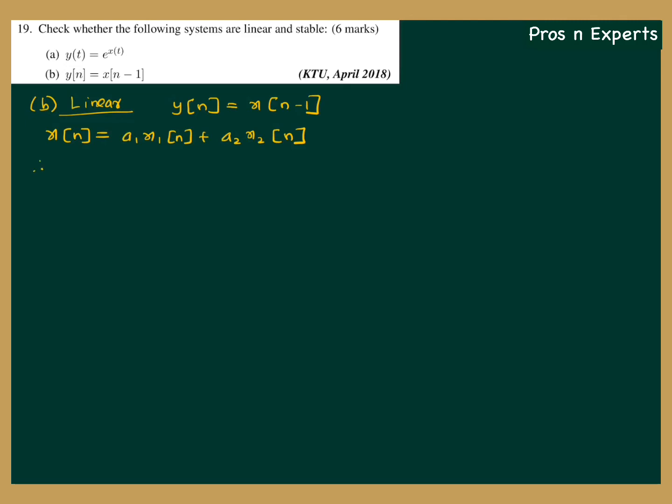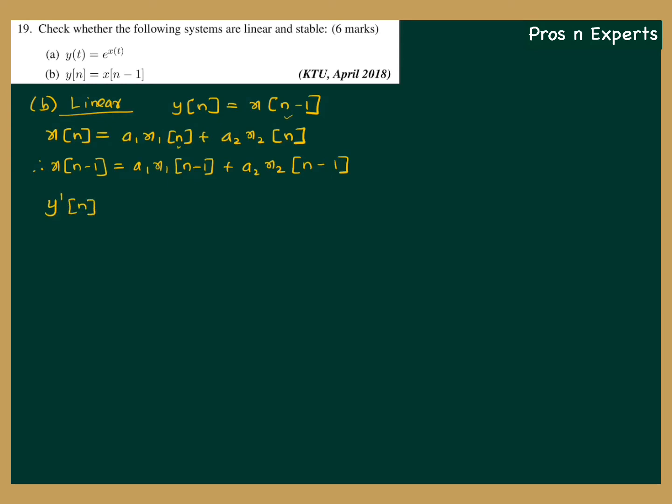The given input-output relation is y of n equal to x of n minus 1. So what is x of n minus 1? It is a1 x1 of n minus 1 plus a2 x2 of n minus 1. This is a function; wherever you find n, replace it by n minus 1. So now let us write the output y dash of n.